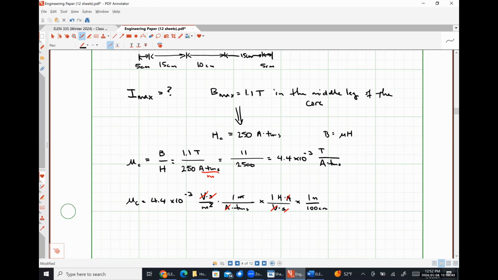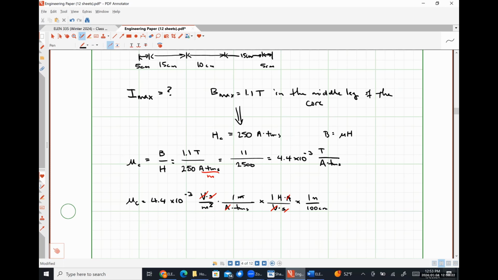And so that will give me Webers per meter amp turn, since a Henry is a Weber per amp turn. So it's Henry over meters, and then you just move the decimal over 2 places, so it's Henry per centimeter.